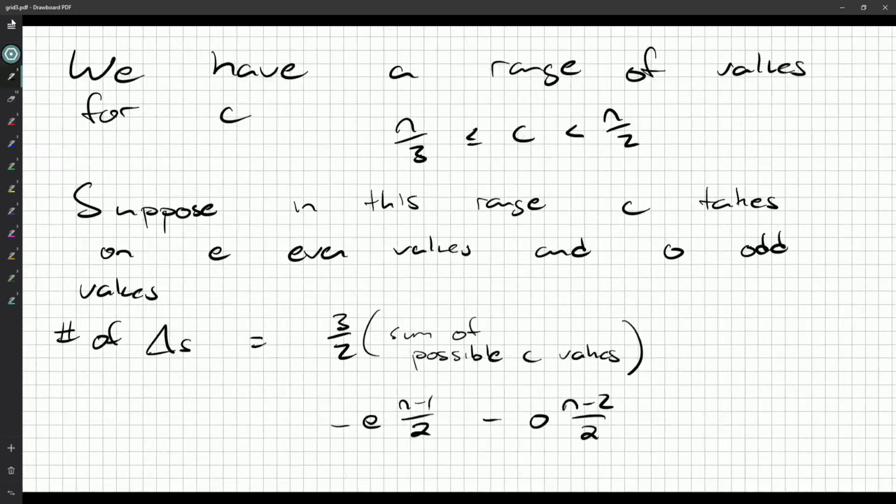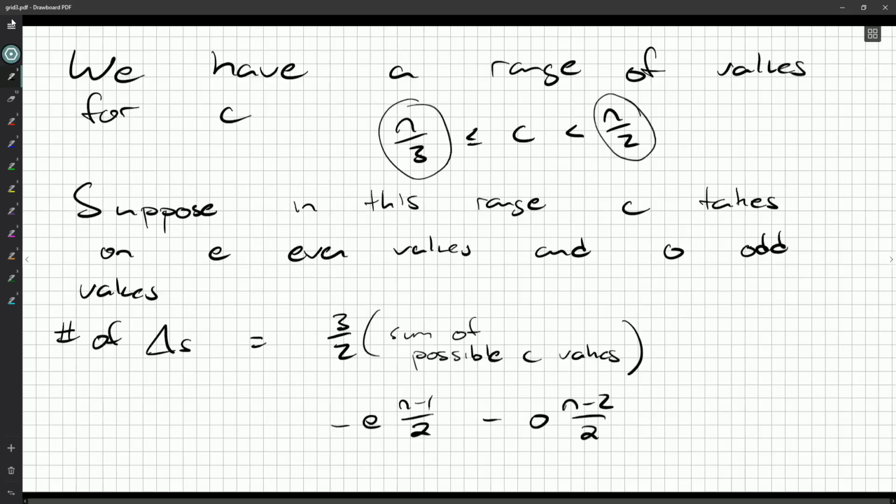Okay, so what can we do? I have to worry about whether or not this is an integer. And I don't just have to worry about whether they're integers, I also have to worry about whether or not they're even, because maybe there's an even number or an odd number of values C can take on.